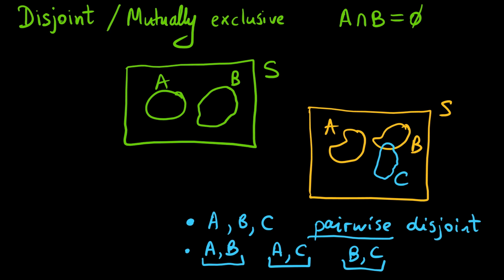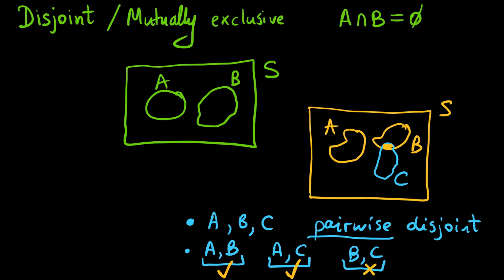Yes, A and B do not have any elements in common, therefore they are disjoint. Are A and C disjoint? Yes, A and C do not have any points in common, they are disjoint. What about B and C? B and C, however, do have this overlap here. So B and C are not disjoint, and therefore A, B, and C are not pairwise disjoint.